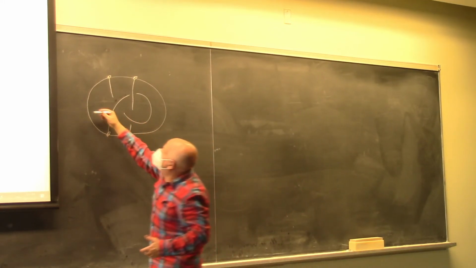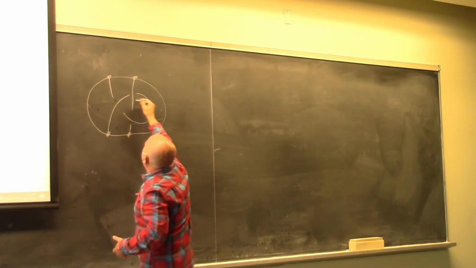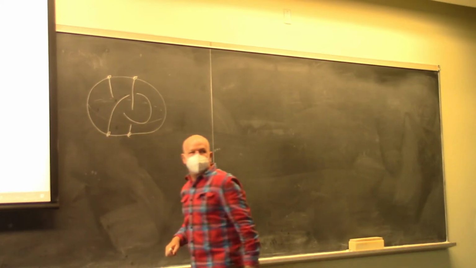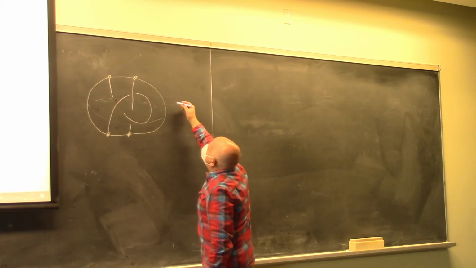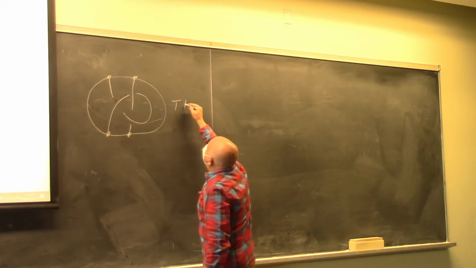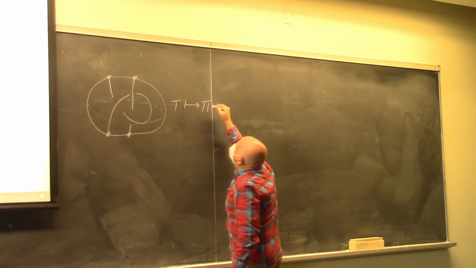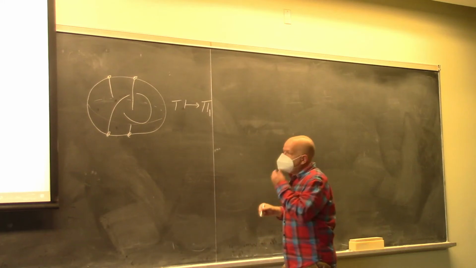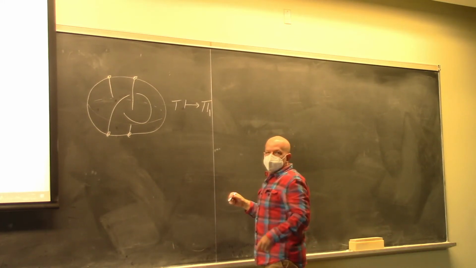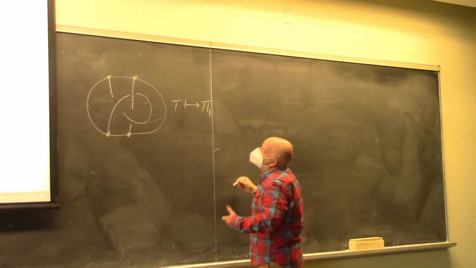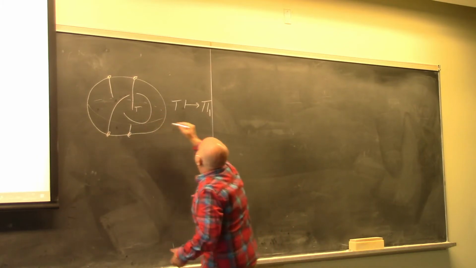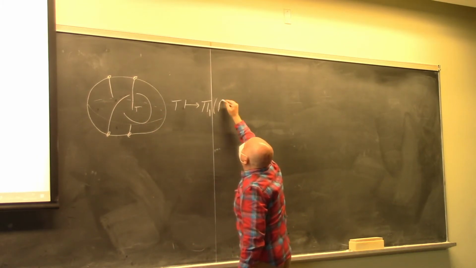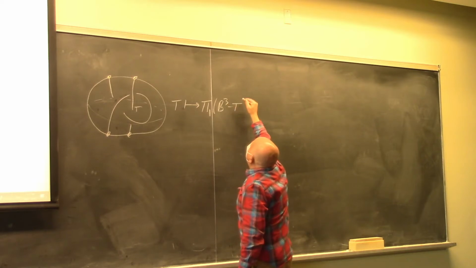So you put the tangle inside a ball, embed it into a ball, and then you associate with it, this is T, the fundamental group of the ball minus the tangle.